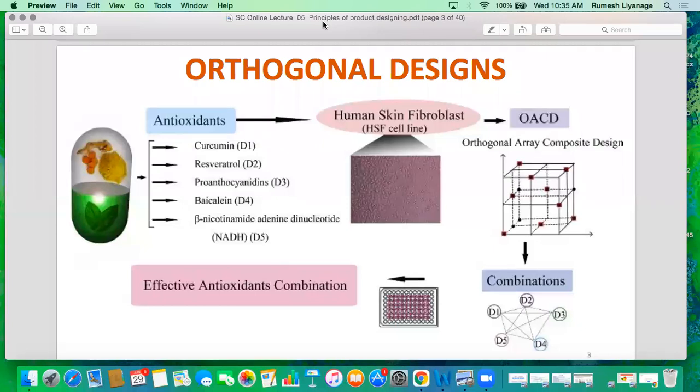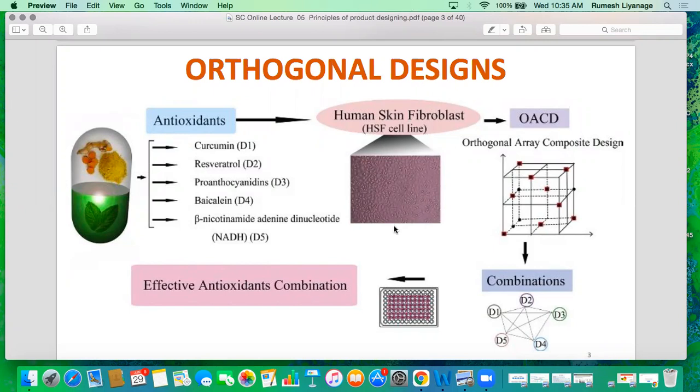We call it animal testing, and after conducting animal testing we can move to the human trials. You can remember this with a very good example, the COVID vaccine. You all are familiar with that example, right?